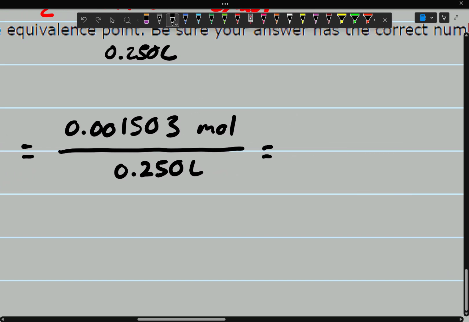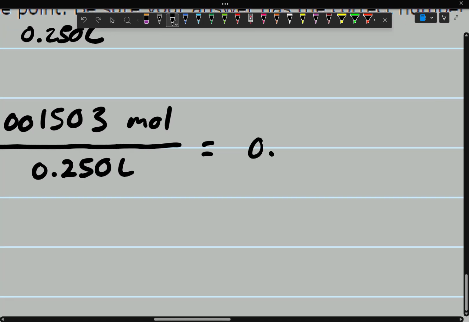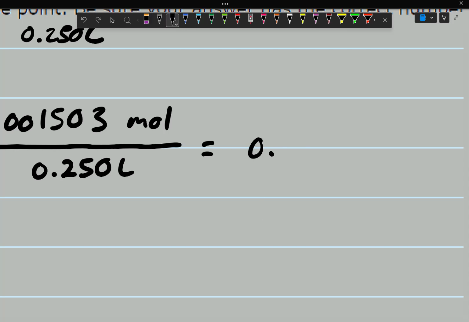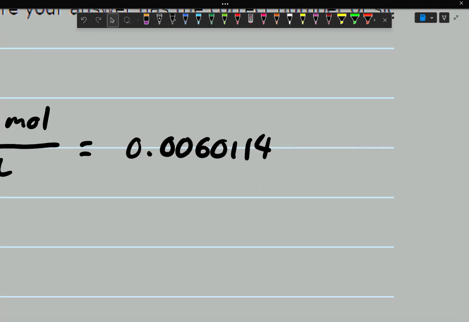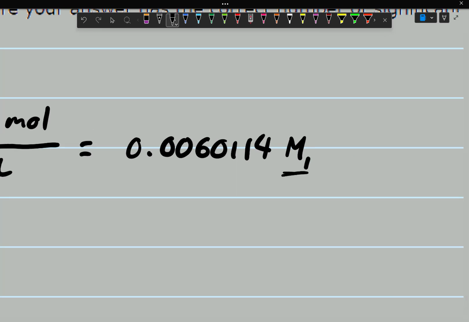So moles per liter is just our capital M molarity. If we divide this, we get 0.0006014, and now our units are moles per liter or just capital M. And we'll make sure we know this is M1. So this is our M1.